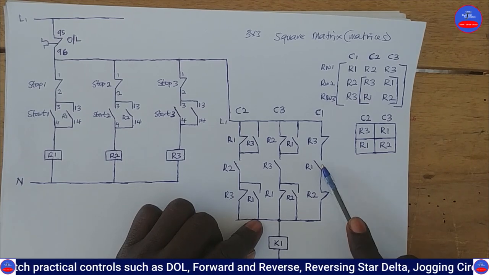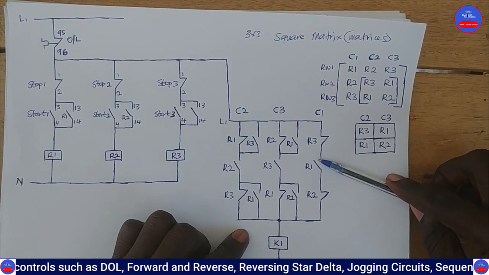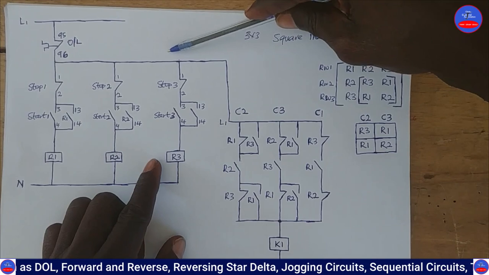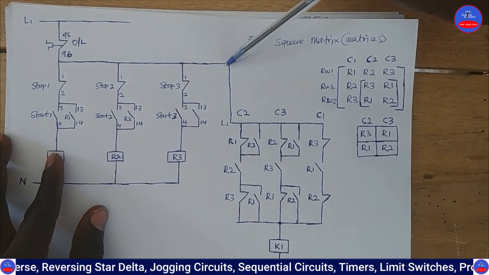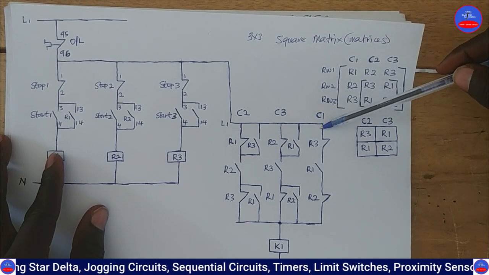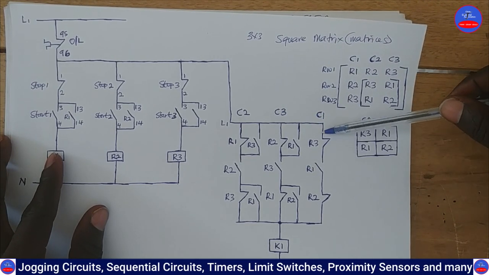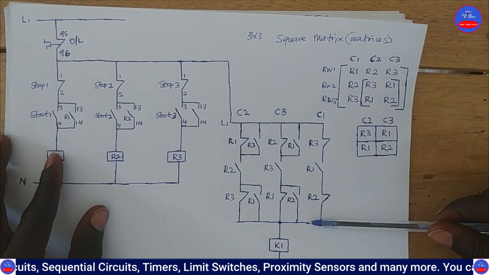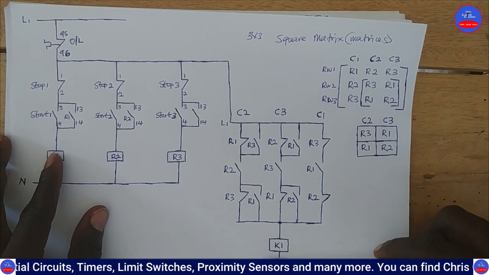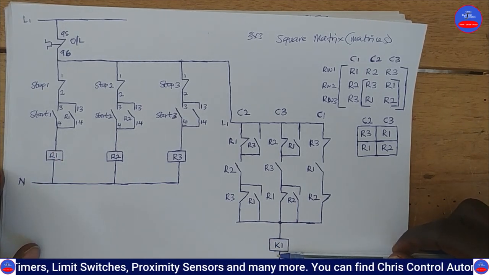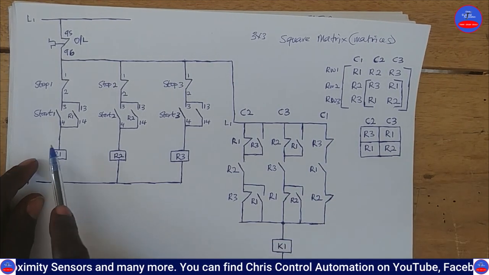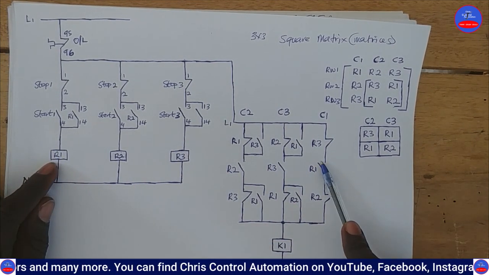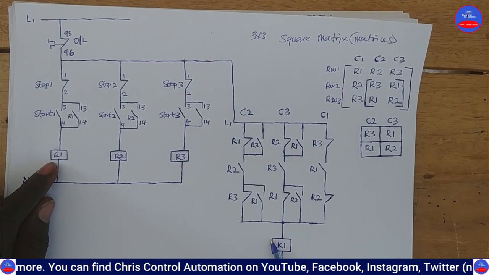As this side closes, you see our main line is currently flowing through this way. The moment this one closes, current will flow through this way to energize the contactor. You see that? It will energize the contactor.